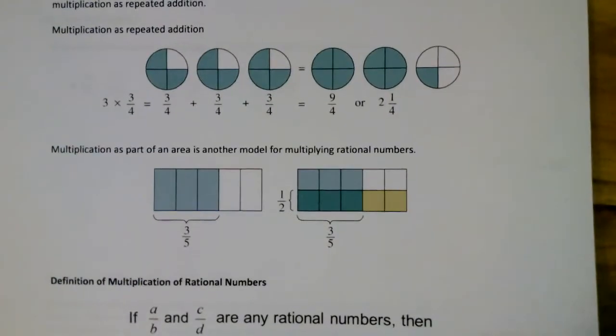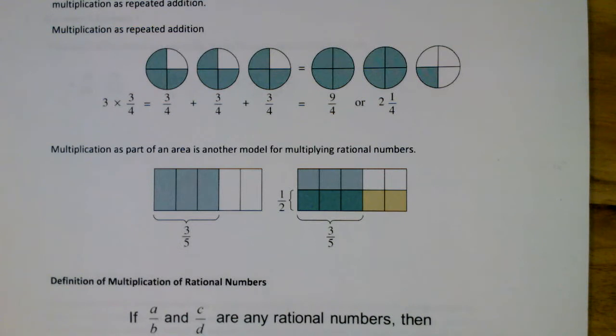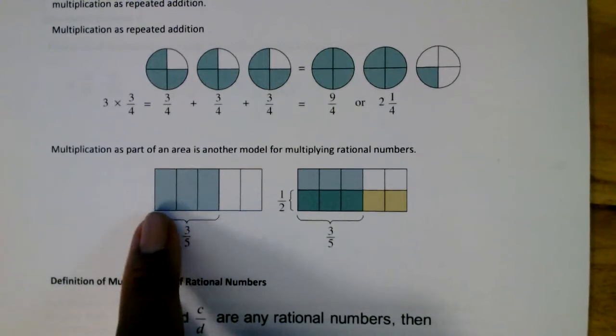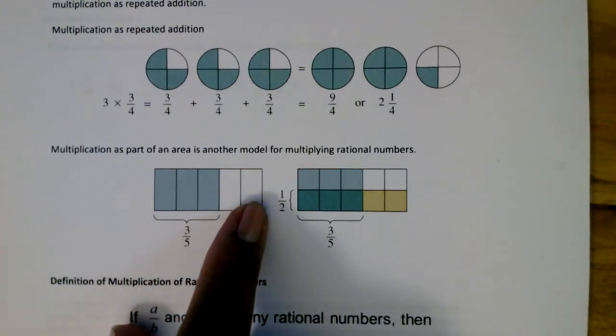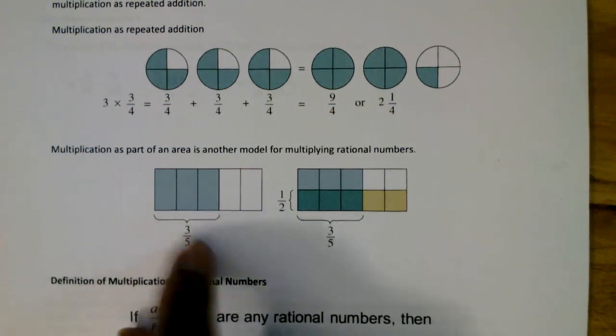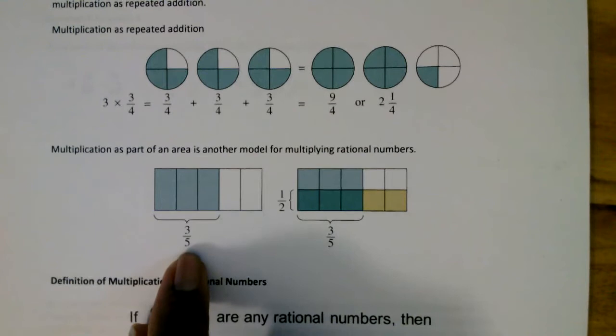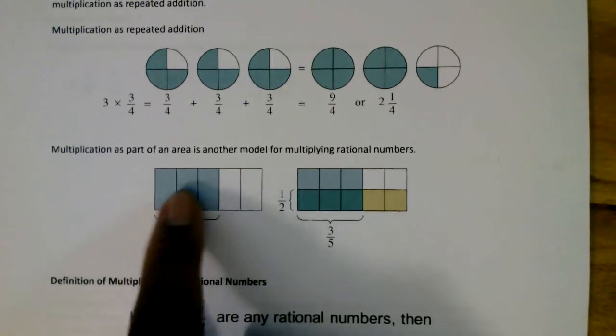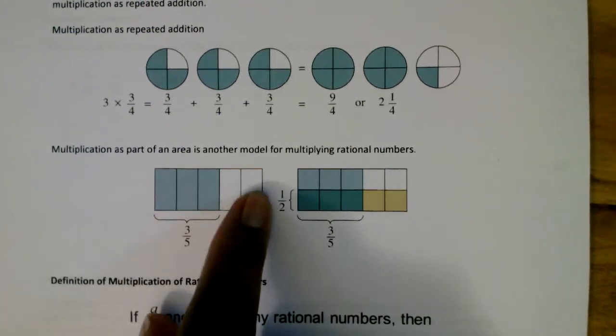Now, multiplication as a part of an area is another model for multiplying rational numbers, like, let's say 3/5 times 1/2. We start off with 3/5. So here we got a rectangle divided equally into 5 parts. 3 of those parts are shaded, so that's 3/5. And then let's say 1/2, we go across and split this halfway.